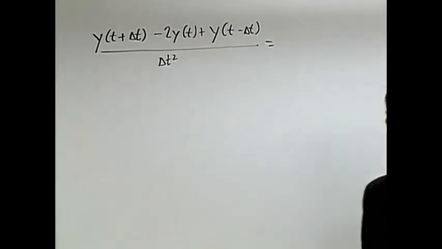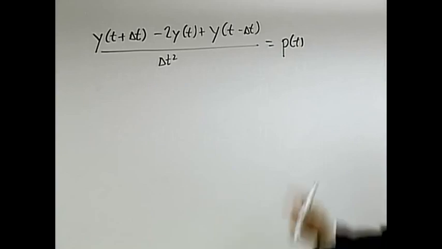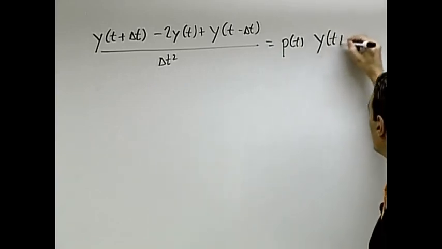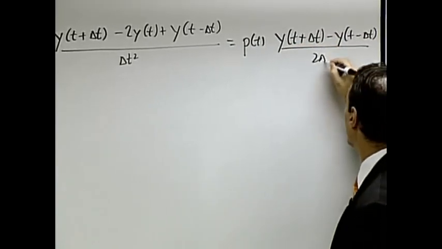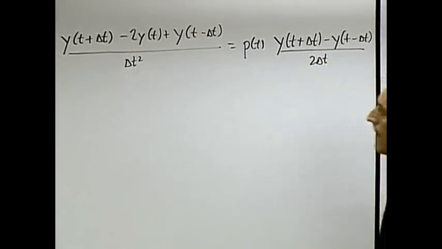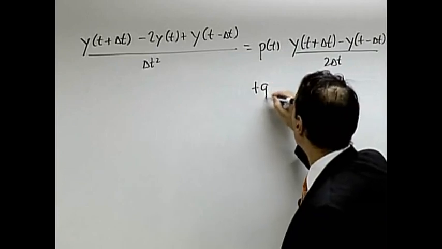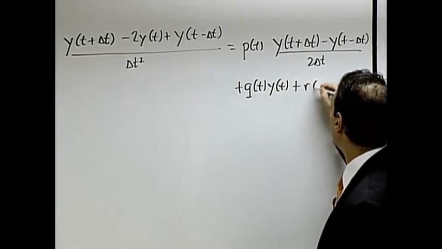There's a second derivative, my approximation, times p of t times dy/dt. Oh, dy/dt, that's pretty easy too. y of t plus delta t minus y of t minus delta t, all over 2 delta t, plus q of t y plus r of t.